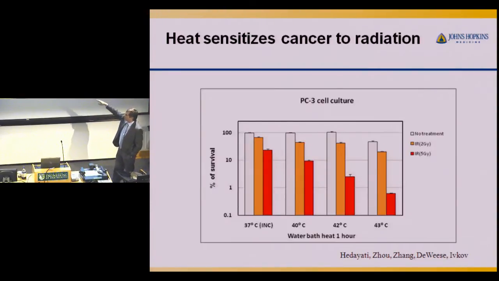And the white bars correspond to just the heat. So at 37 degrees C, which is essentially the incubator temperature, this is physiologic, normal temperature. We don't measure a decrease in survival, and so that's good.